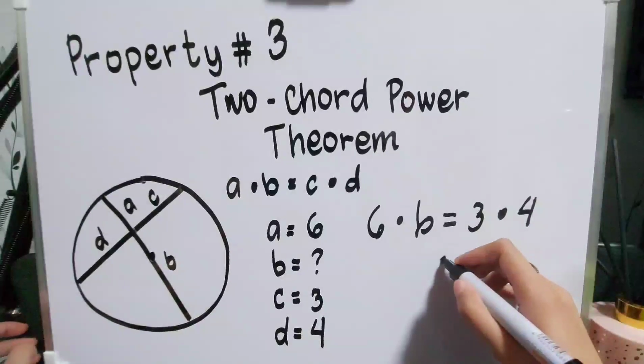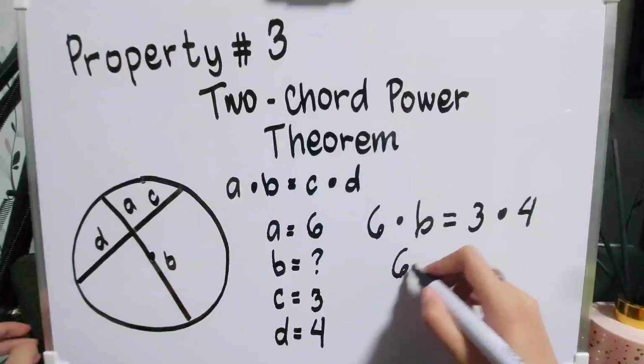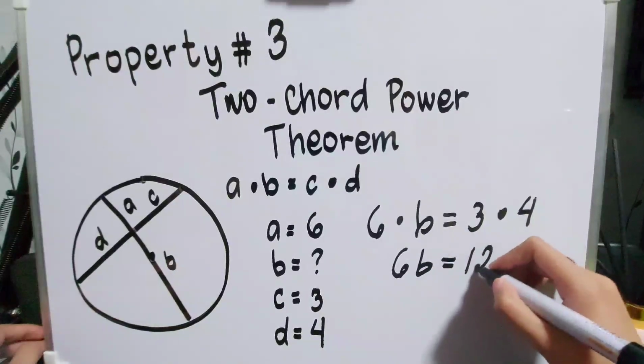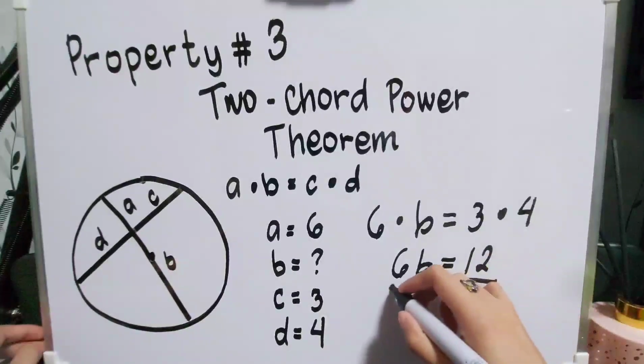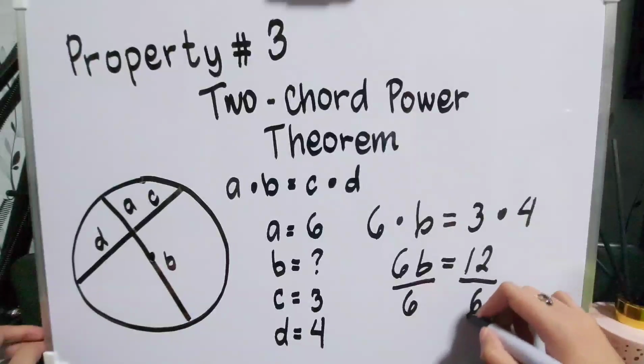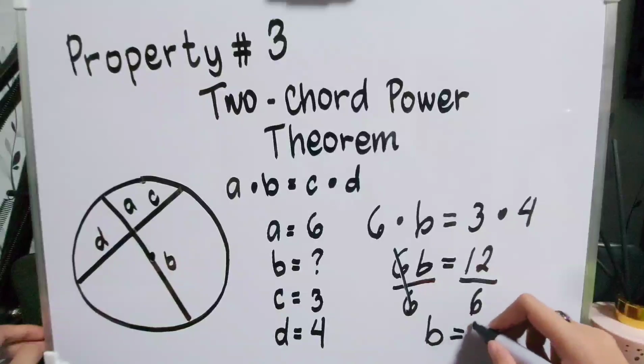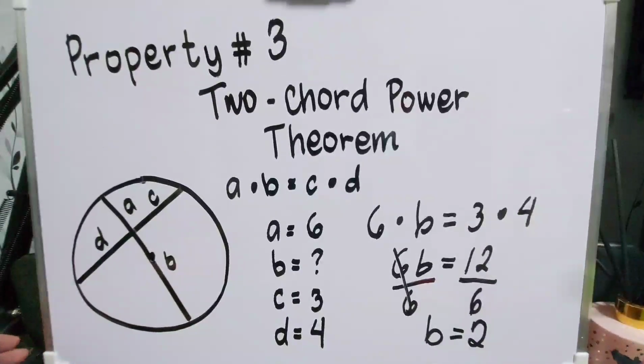So 6B is equal to 3 times 4, 12. Divide both sides by 6. Cancel this out. B is equal to 2. That means the measure of line segment B is equal to 2.